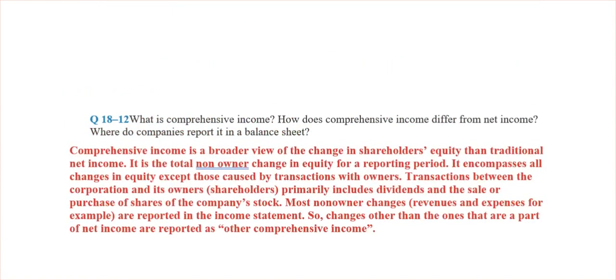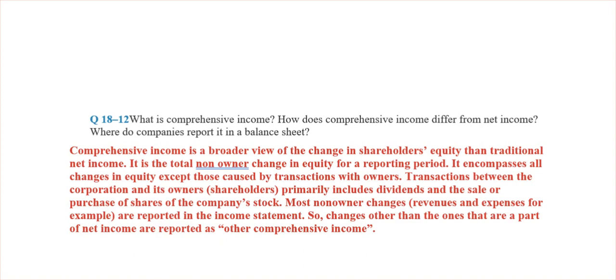What is comprehensive income, and how does it differ from net income? We've talked about this previously, but right here is the definition that's consistent with what you would find in the codification. Comprehensive income is a broader view of the change in shareholders' equity than traditional net income.